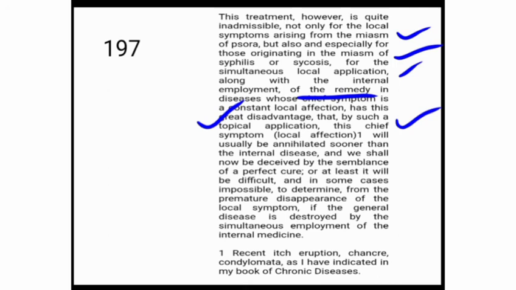That's why we become confused about our path of curing, and it makes the cure difficult. In some cases it becomes impossible to determine the disease condition from the premature disappearance of the local symptom, because local symptoms guide us to the route, the path of the cure of that particular disease.